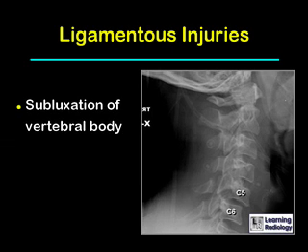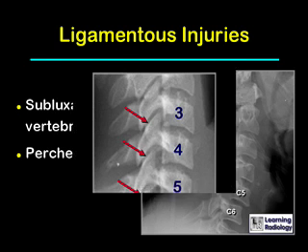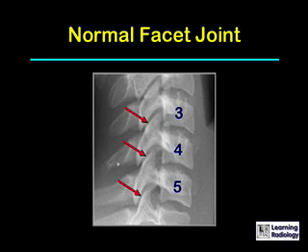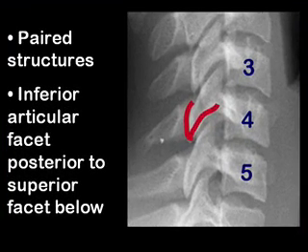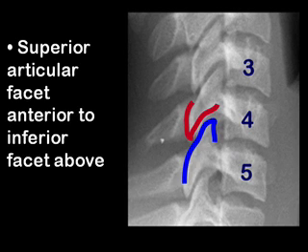There may be subluxation of the vertebral body, and there may be perched or locked facets. Let's take a moment to talk about normal facet anatomy. The facets are paired structures. In this example, the blinking red line is pointing to the inferior articular facet of C4, and you'll notice it is posterior to the superior articular facet of the vertebral body below it, as indicated here by the blinking blue line.